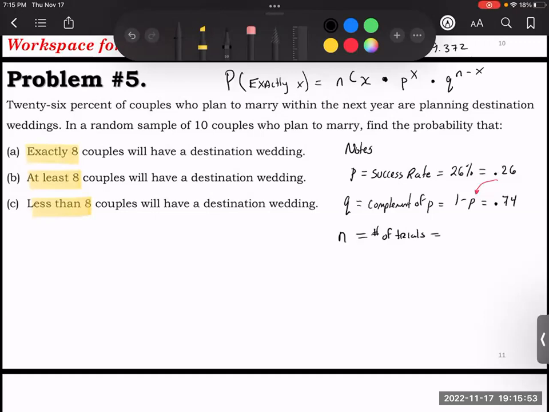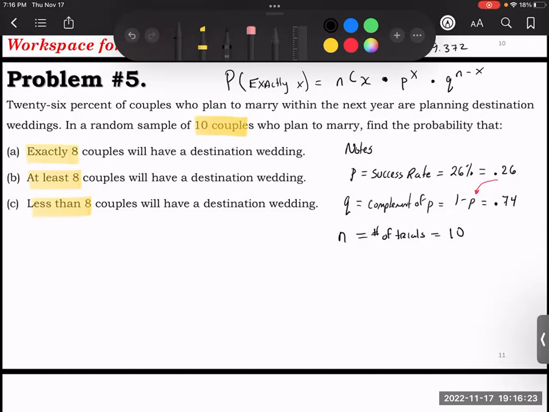So from the original problem, in a random sample of how many couples? 10. So N is equal to 10. Those three values, p, q, and N, are going to stay consistent in parts A, B, and C. The only thing that's going to change is X.